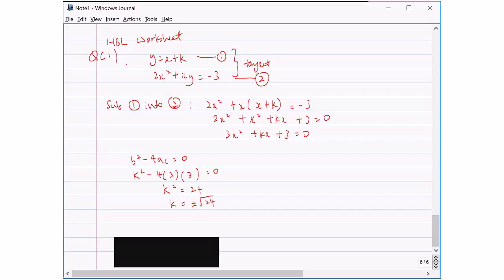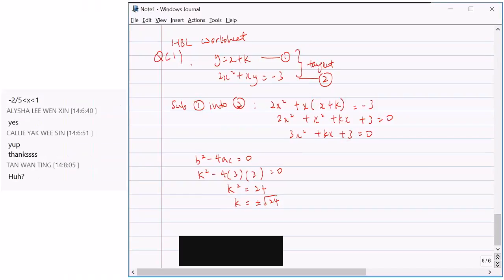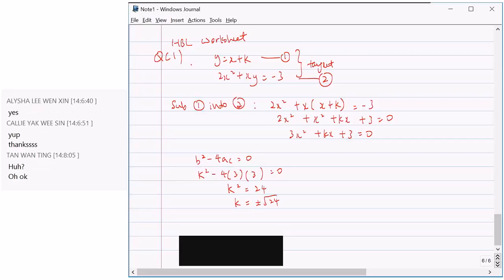One thing is that the next answer, minus 2 over 5, x, then 1. One thing, you number the answers, can? You put the answer minus 2 over 5. Label the answers, okay?